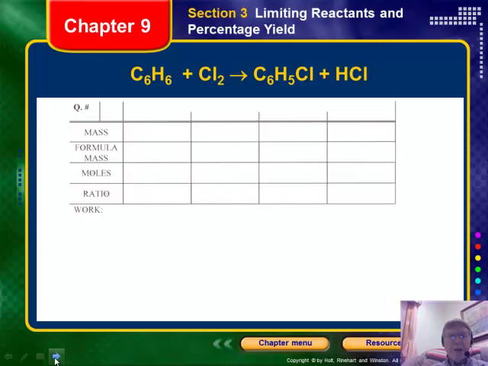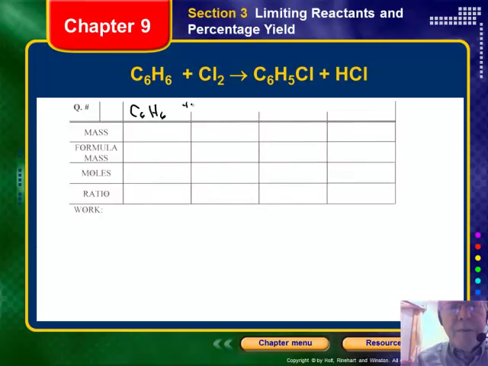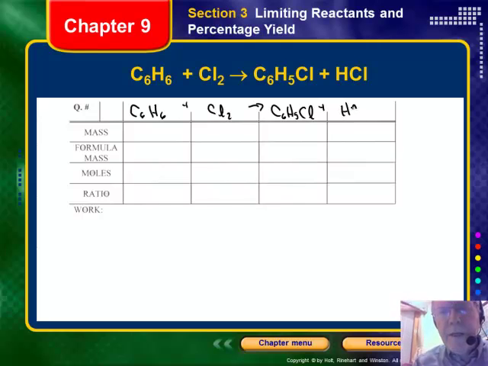We have the equation here. I'll just rewrite the equation. C6H6 plus Cl2 yields C6H5Cl plus HCl. You see we get hydrochloric acid out of this. But first of all, let's make sure this is balanced.